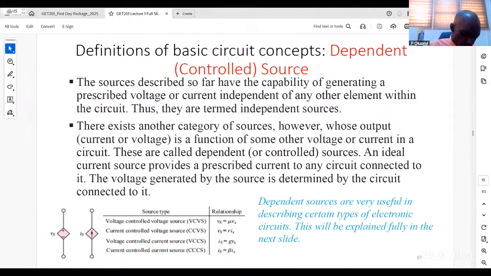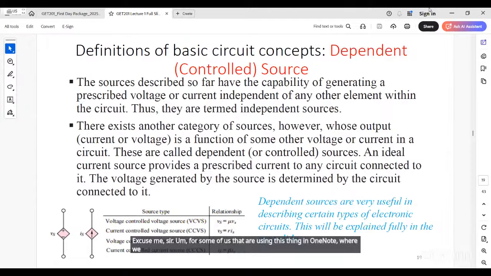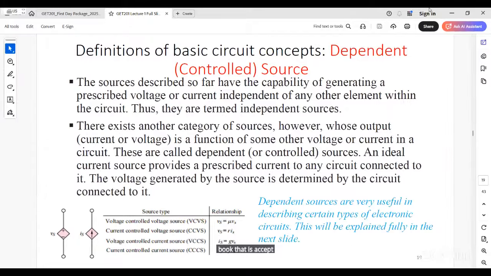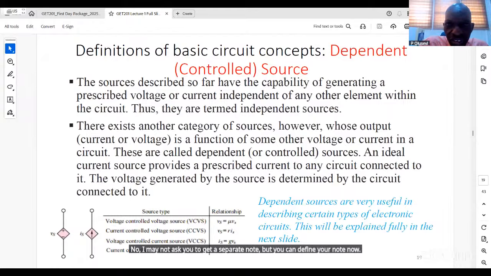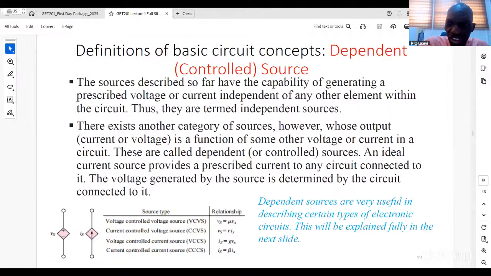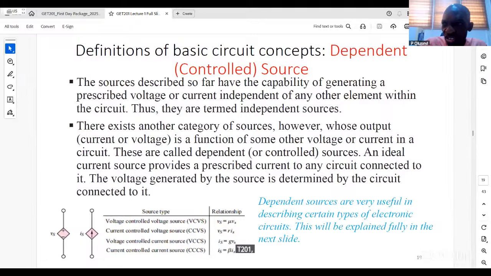Any other question? Excuse me, sir. Go on. For some of us that are using this ten-in-one note, where we compile all other courses in one big note, hope that is accepted, or do we have to get a separate note for it? No, I may not ask you to get a separate note, but you can divide your note. Some of you are using this eight-in-one. You can just write GET201 and leave it in one place.